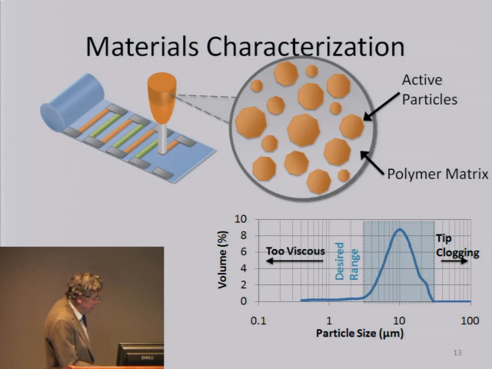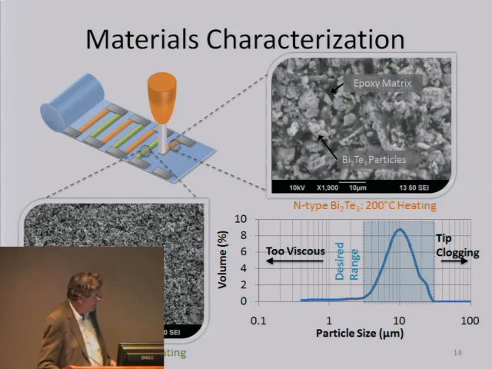Here's a plot of the volume percent versus particle size that we typically use in our inks. If we go to too large a particle size, we will clog the tip of our syringe. If we go to too small a particle size, these slurries, these mixtures of particles and epoxy, tend to become too viscous and we can no longer use them. So this is our optimum range, about 10 microns and below, and we typically use them at about 8 volume percent in our inks.